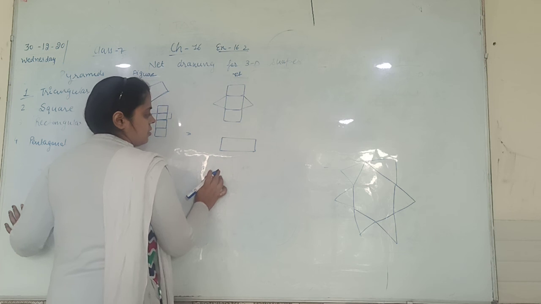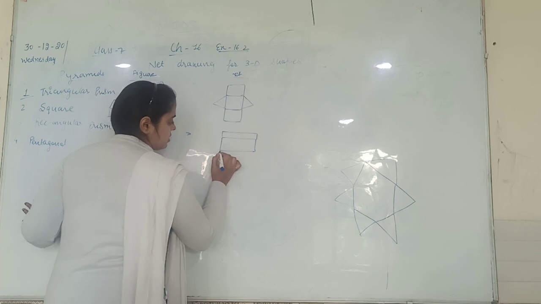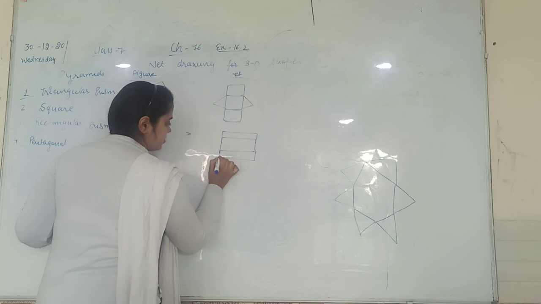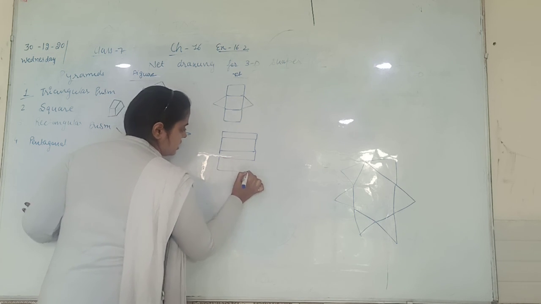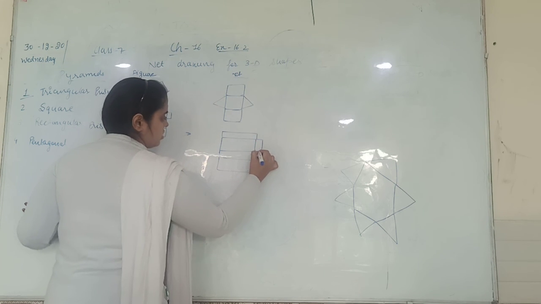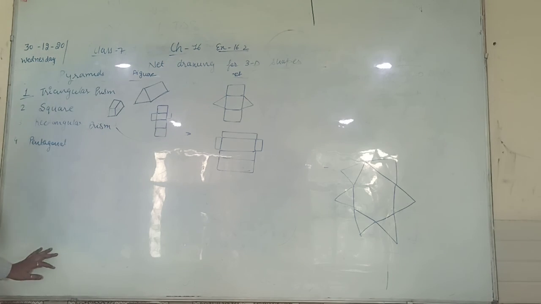This one is the main one, then its sides will be less like this, and the next one is again its cover back, and these are the 2 sides, right? This one is the figure of rectangular prism.